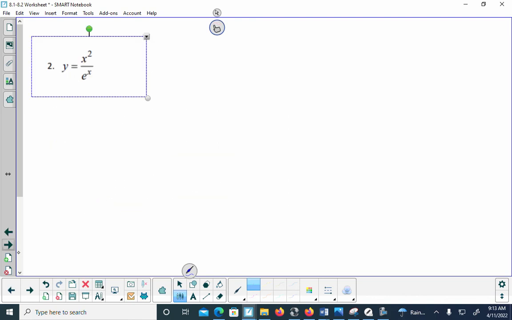The next one, I'm taking the derivative of this. I am going to use the quotient rule. That means when I take the derivative, I leave the denominator alone, take the derivative of the numerator, which would be 2x, and subtract, leave the numerator alone, and multiply it by the derivative of the denominator, which is the derivative of e to the x, which is e to the x times the derivative of that x, which is just 1.